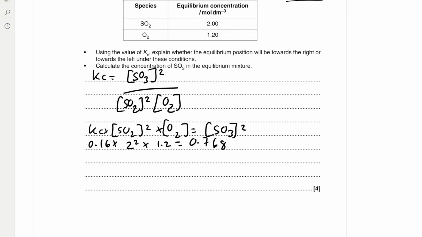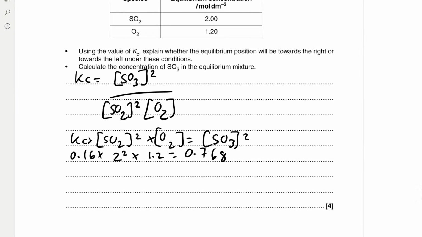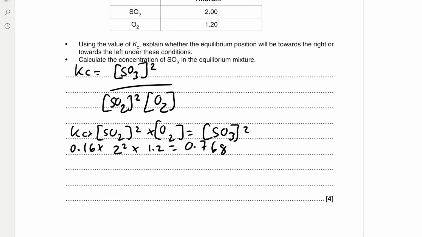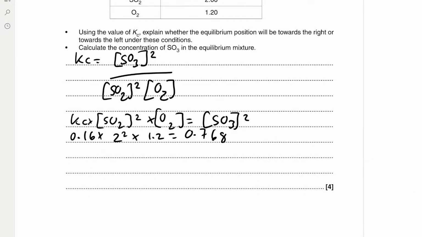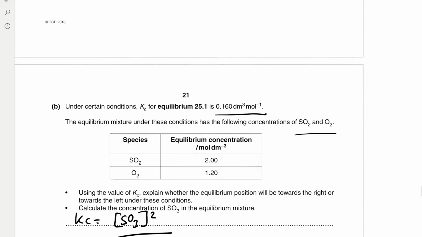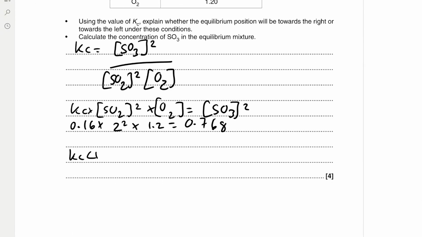And then we need to say that Kc is less than 1. That means that the equilibrium is shifted to the left.